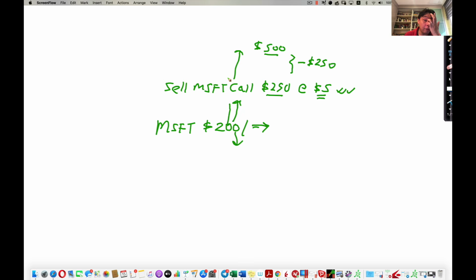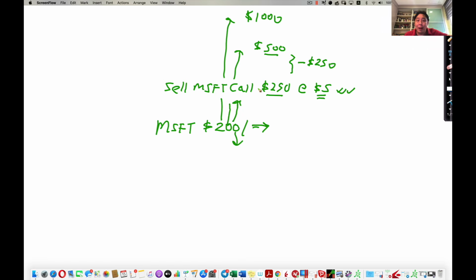What if Microsoft share price goes to $1,000? This guy's dead. Because now he's obligated to sell the shares at $250, but he doesn't have the shares. So he has to go into the stock market, buy the shares at $1,000 and deliver it to the call buyer at $250.